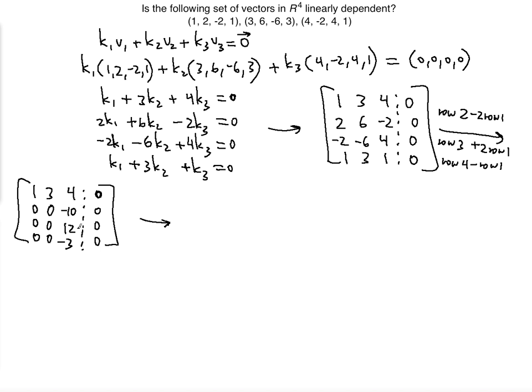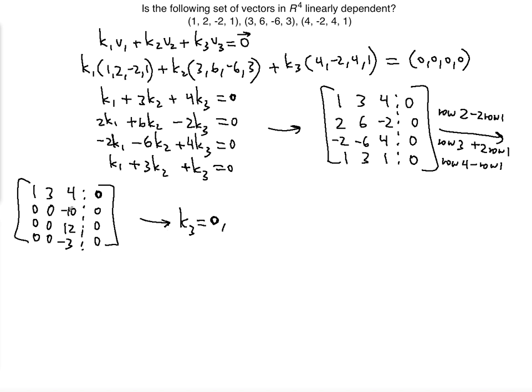The scalar k3 multiplies all of these four numbers in the third column. Since we have a homogeneous system, k3 will always be 0. So far it looks like we might have only the trivial solution, where all the scalars are equal to 0. But let's check the others.